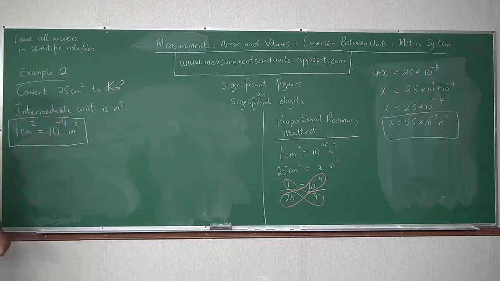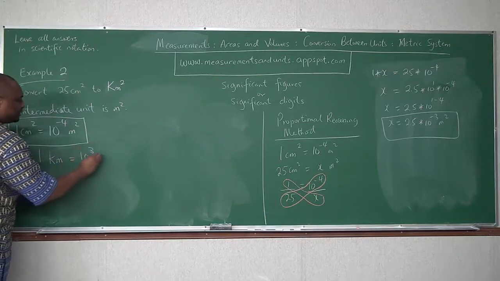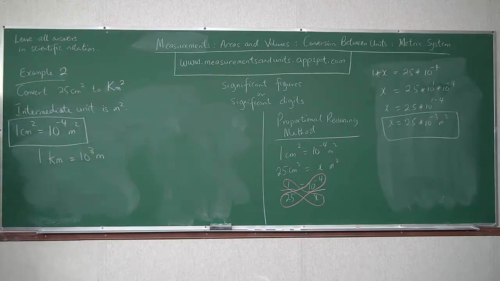Now let us do that for kilometer squared. We see that 1 kilometer, kilo is 10 to the 3, 1,000 meters. And all you need to do is to square both sides. This is an equation, so you can square both sides.